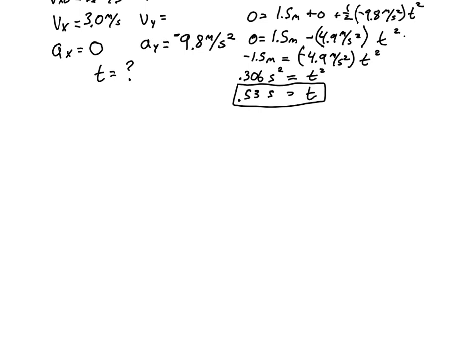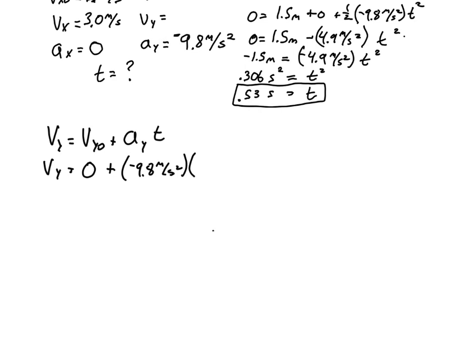The y component of velocity we'll solve for by doing vy equals vy naught plus ay times t. The vy is what we're looking for. Initial y velocity was 0. Acceleration is negative 9.8 meters per second squared, times t, which is 0.53 seconds.